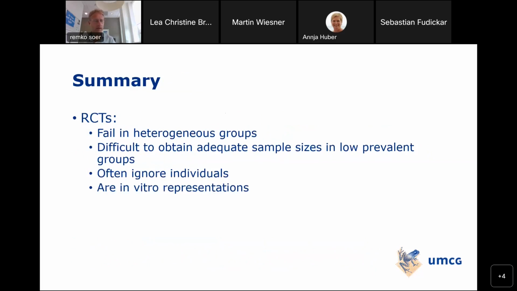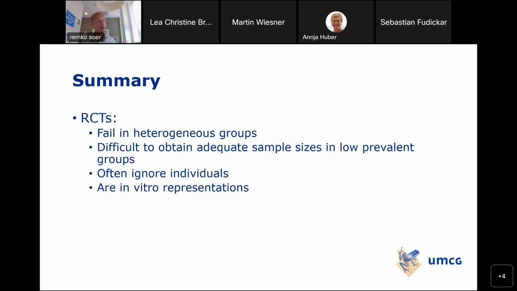So if we take a look at the RCT, in a brief summary, the RCT basically fails in very heterogeneous groups. In the randomized controlled trial it's very difficult to obtain adequate sample sizes.